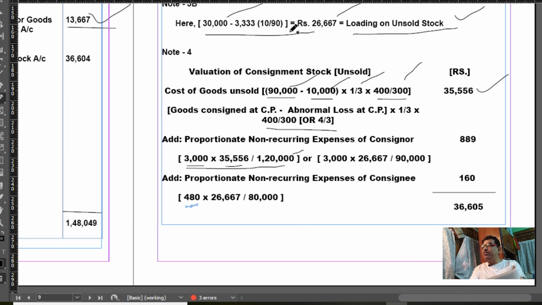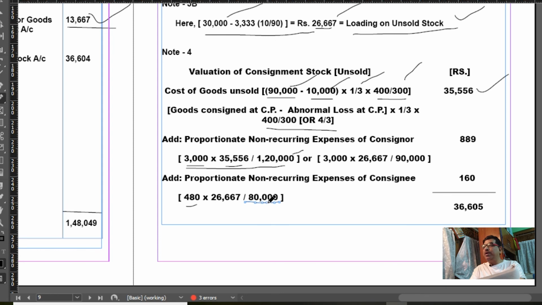That amount divided by 80,000. Now, how did you get 80,000? Because 10,000 was lost in transit. Therefore, consignee received goods of rupees 80,000.